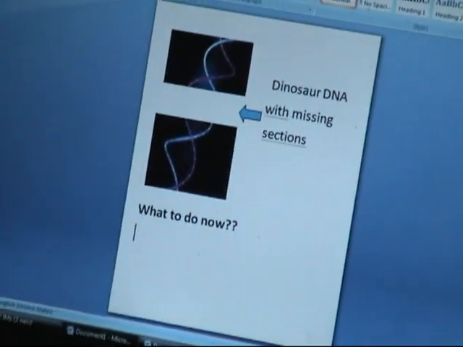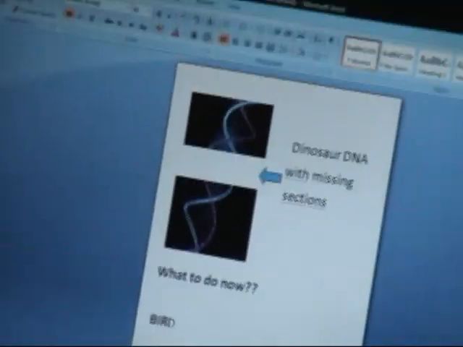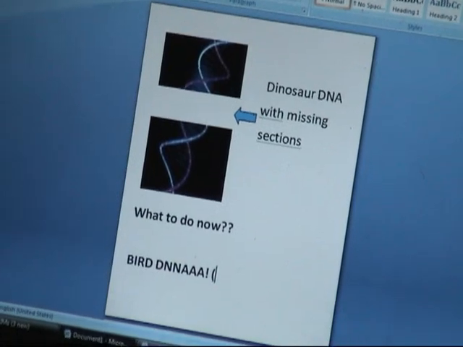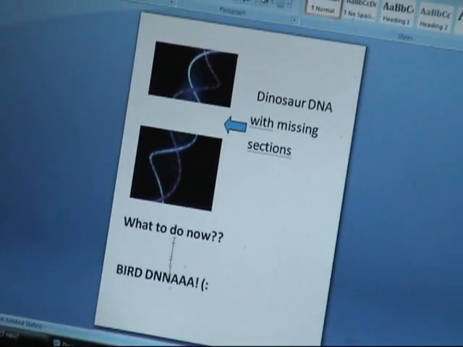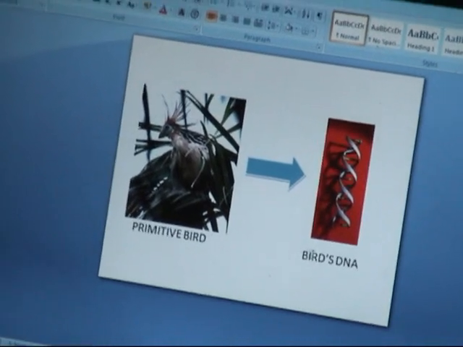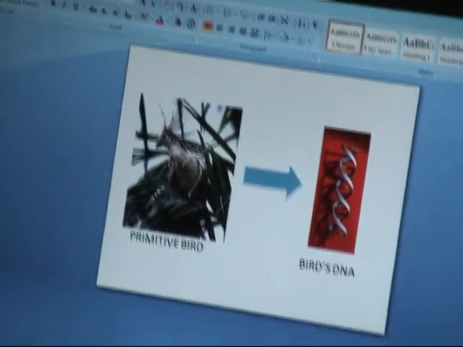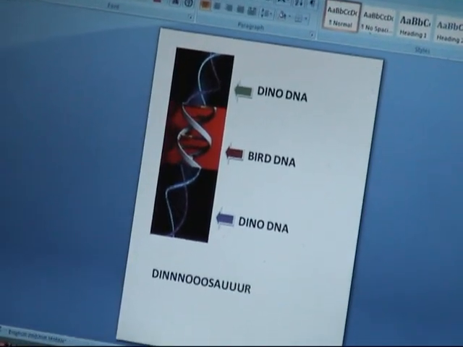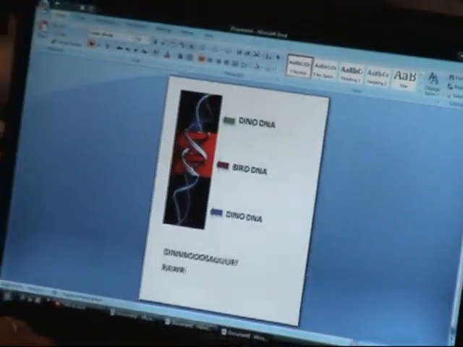Sequence completely the genomes of several birds of as many species as possible. You then compare the dinosaur DNA fragments with the bird sequences. Look for similar or identical sequences. If you can find a close cousin and it's sufficiently long to be essentially unique, you could use that bird genome as both a guide to where the corresponding bit of dinosaur gene might get along with the dino genome and as a model for filling in missing pieces in dino gene.